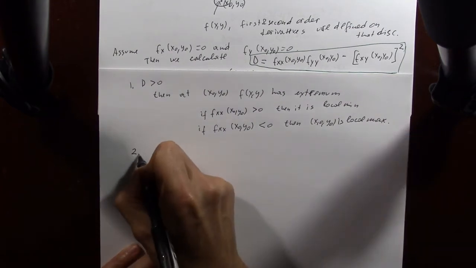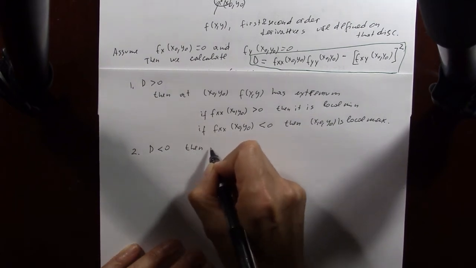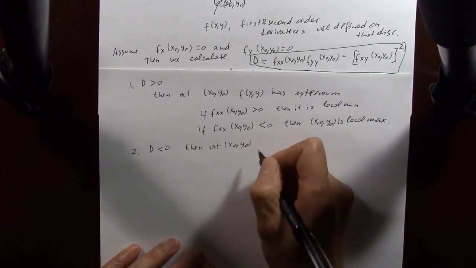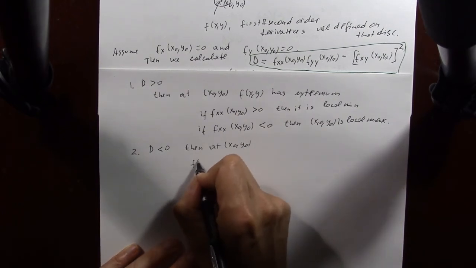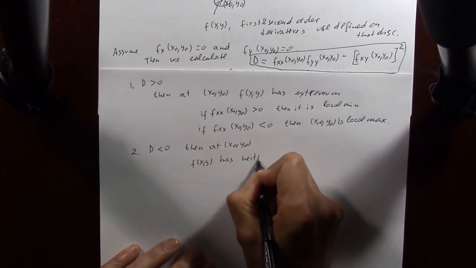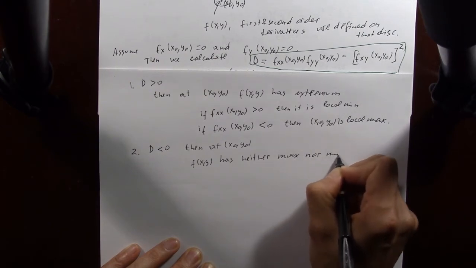Second possibility, d is less than 0, then at x0, y0 function f of x, y has neither max nor min.